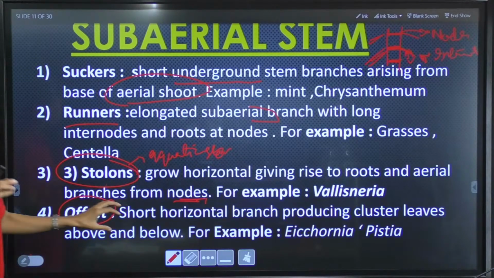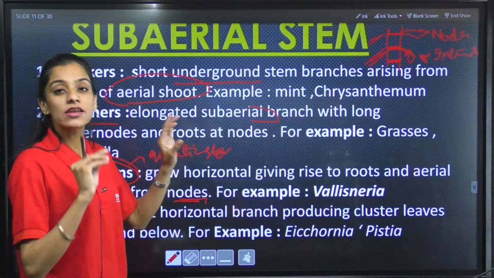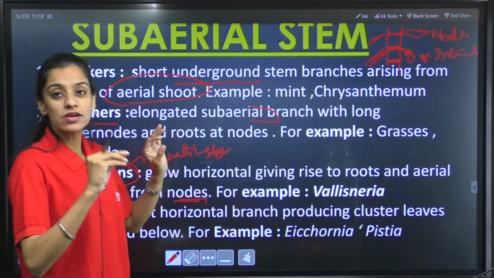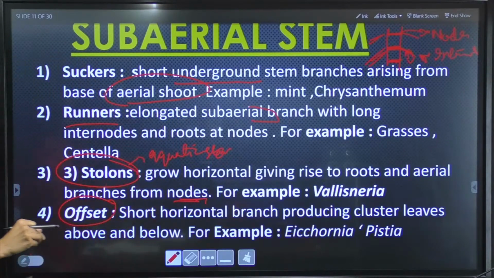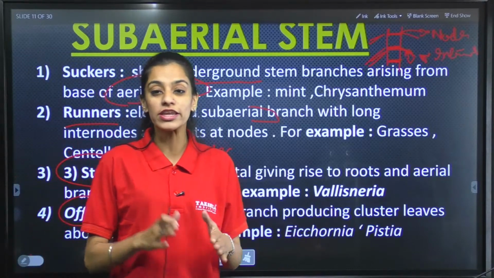That is referred to as your offset. Right. So offset, stolon, sucker, runner, these are important. For example, Eichhornia and Pistia.